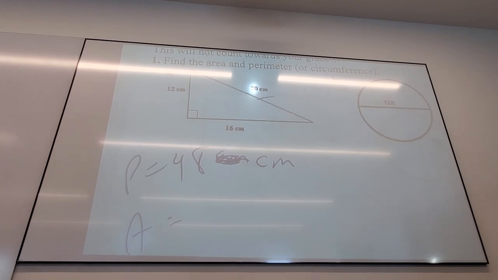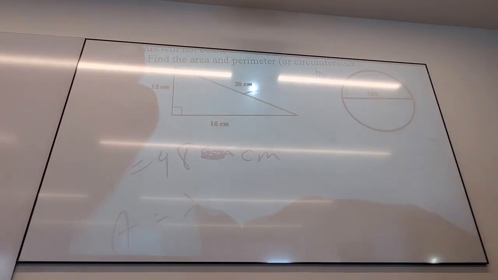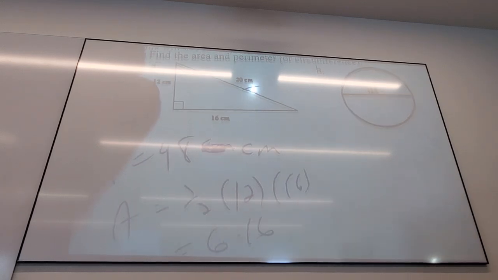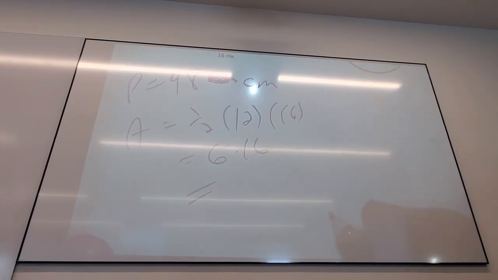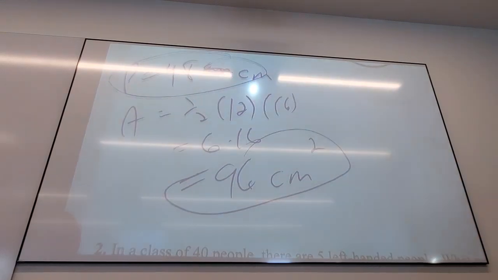Okay. So 1/2, 12 times 16, which is 6 times 16, which is 96. 96 what? Centimeters squared. Centimeter squared! Kick ass. Coming in strong on that one, I like it.